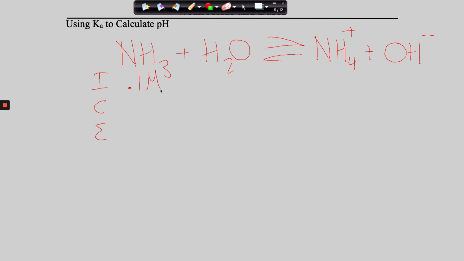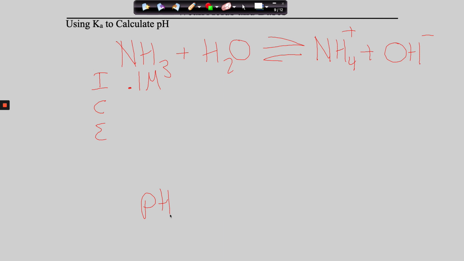The question is, what's the pH? How would we solve this? 0.1, just like the 1.3 molar vinegar, what's the pH? This is now 0.1 molar ammonia, what's the pH?